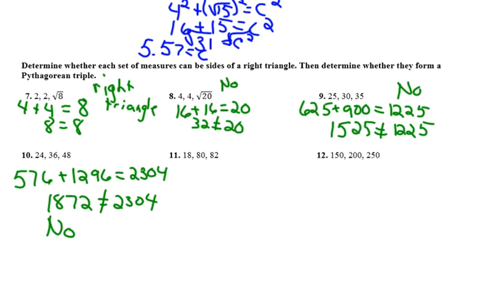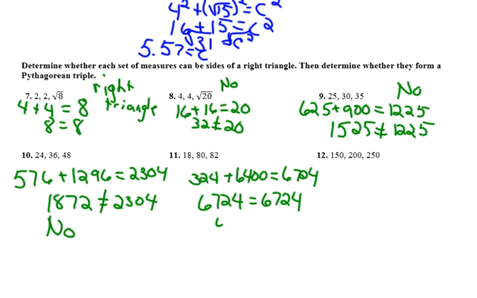18 squared is 324. 80 squared is 6,400. Let's see, 82 squared is 6,724. Oh, look, we got one. So let's see. Add these together, and we do get 6,724.